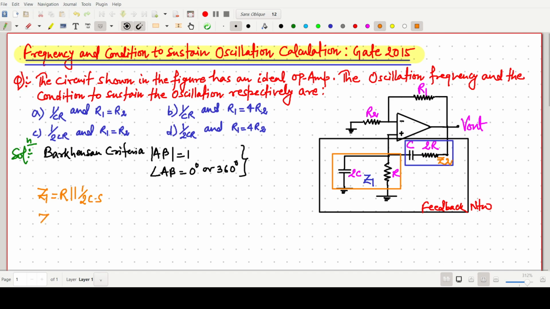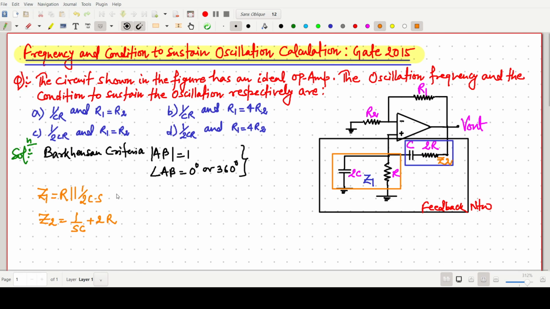And the value of Z2 will be 1 by SC, that is the impedance of the capacitor, plus 2R because it is in series.